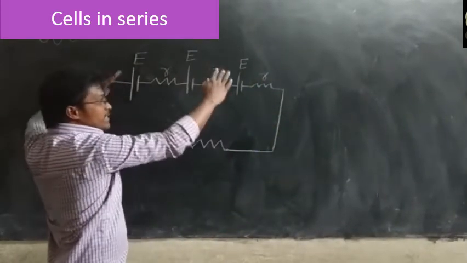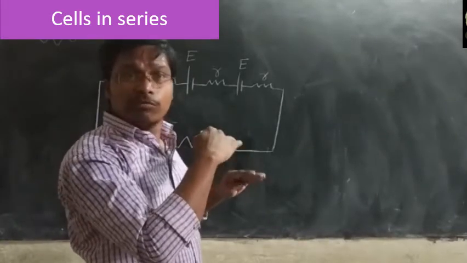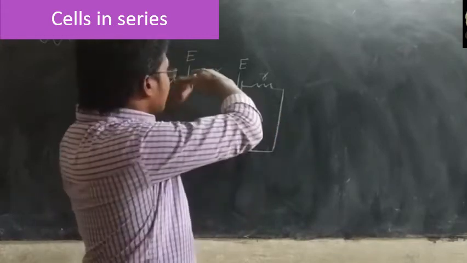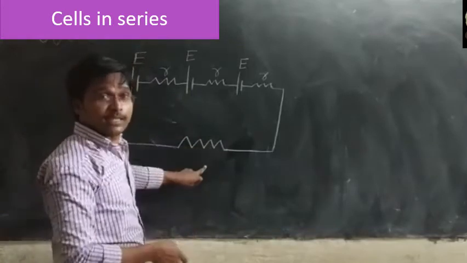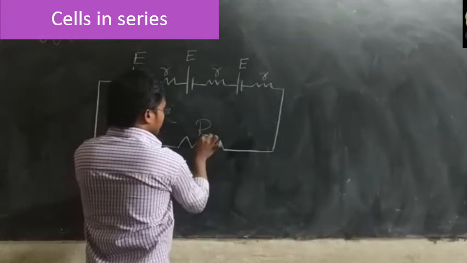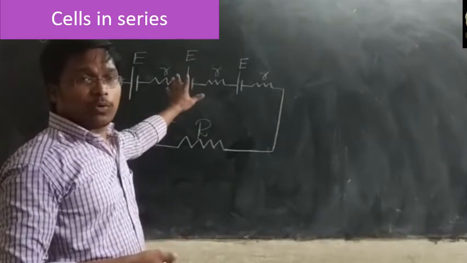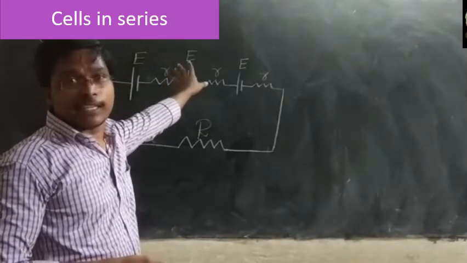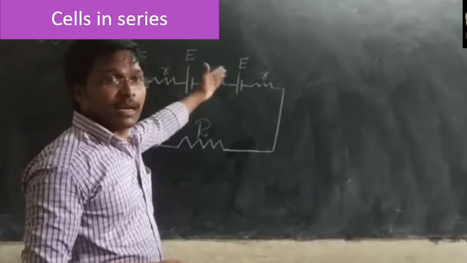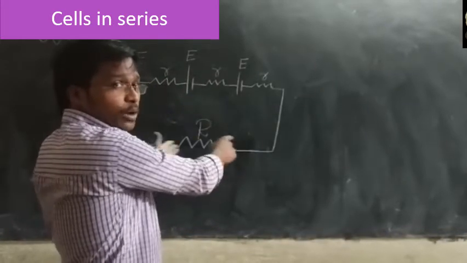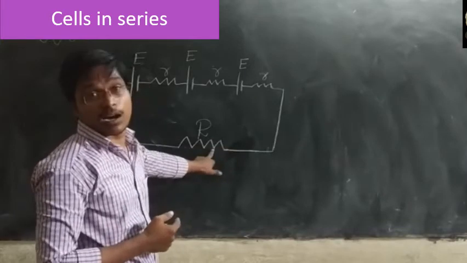These n number of cells are connected in a series format to form a battery, and they are connected to an external resistor, which has resistance R.